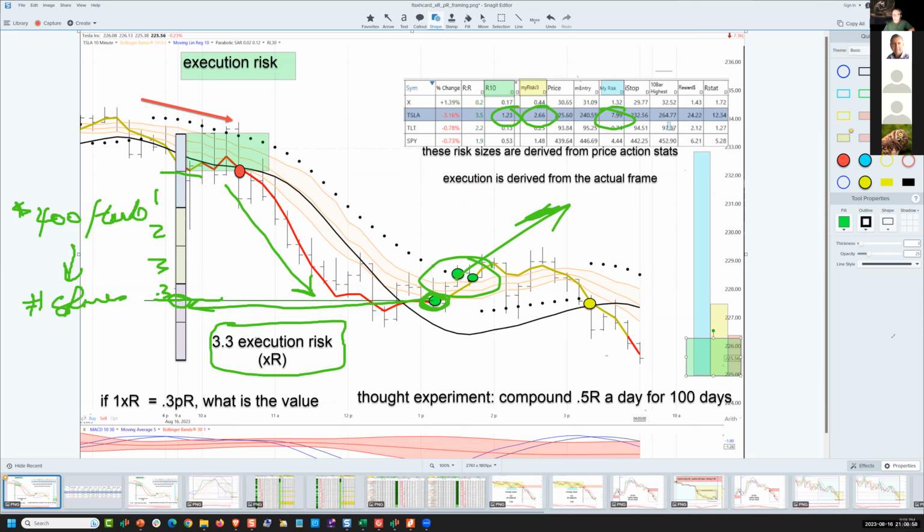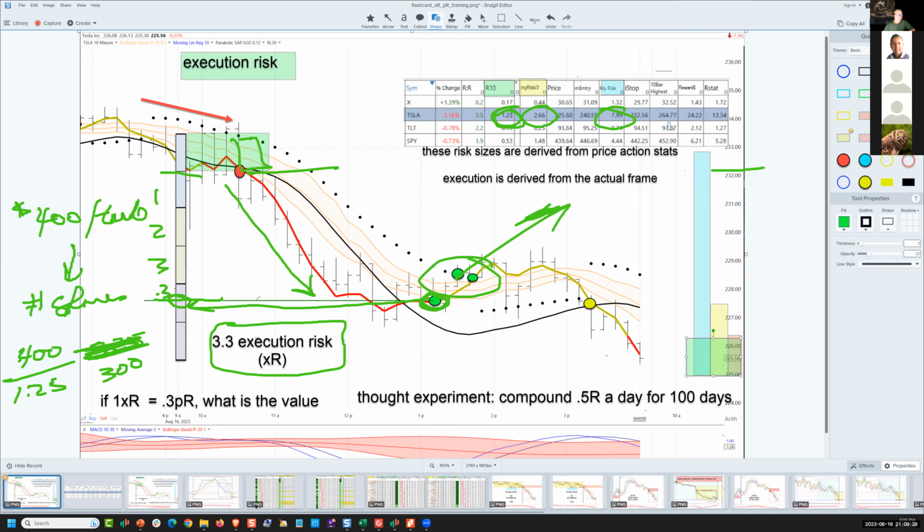If I use $1.25, then I'm going to have 325 shares. So let's call it 300. And it got short at about 232, and it risked that much.